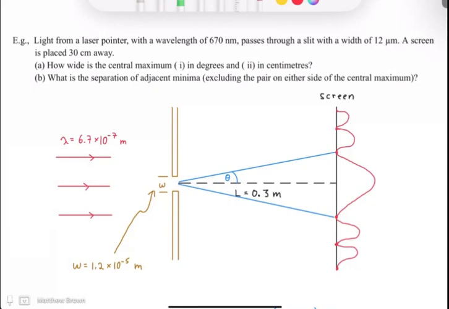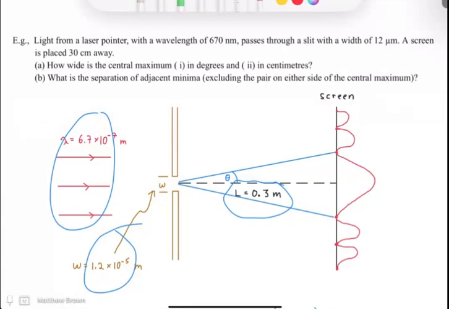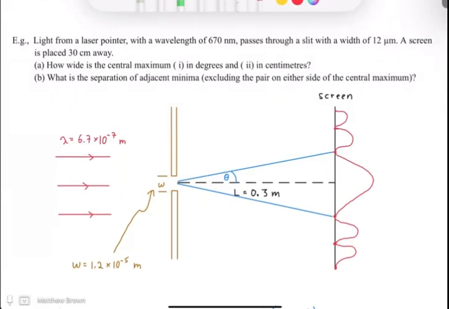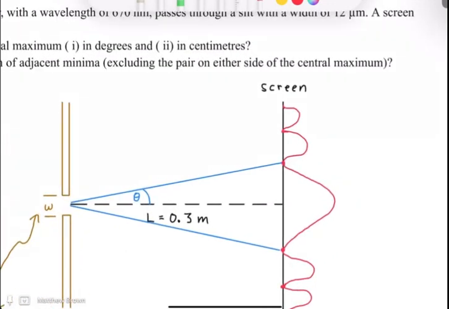And so here you can see the light. I've indicated the width of the slit and the length here from the slit to the screen. One thing to note here, and this is actually kind of important with this phenomenon, is that these points or these angles are all relative to this central maxima.